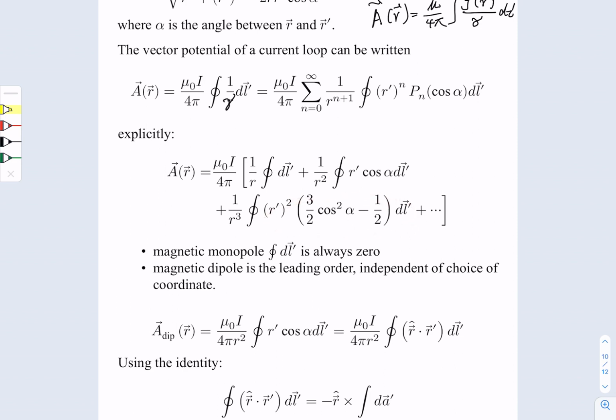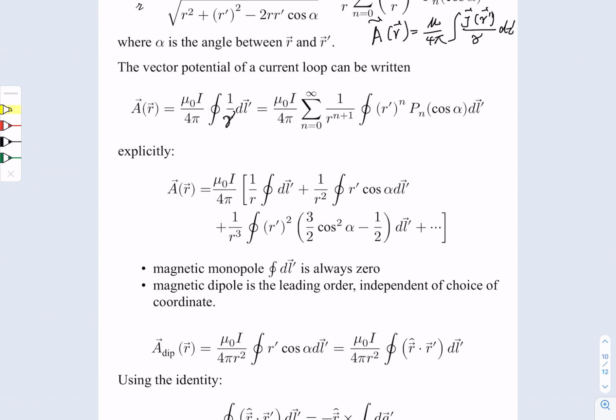And so what's different from the electric potential is that here for the magnetic monopole, the integral is over dl prime, and that's because we are always considering some current loops.